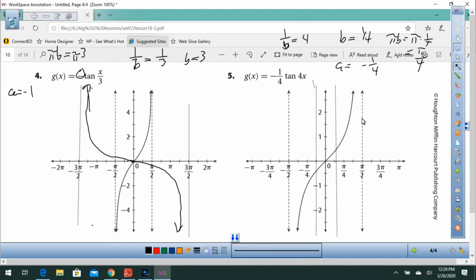And there it goes. And it's negative. And let's take a look at it. Negative 1/4. Okay.